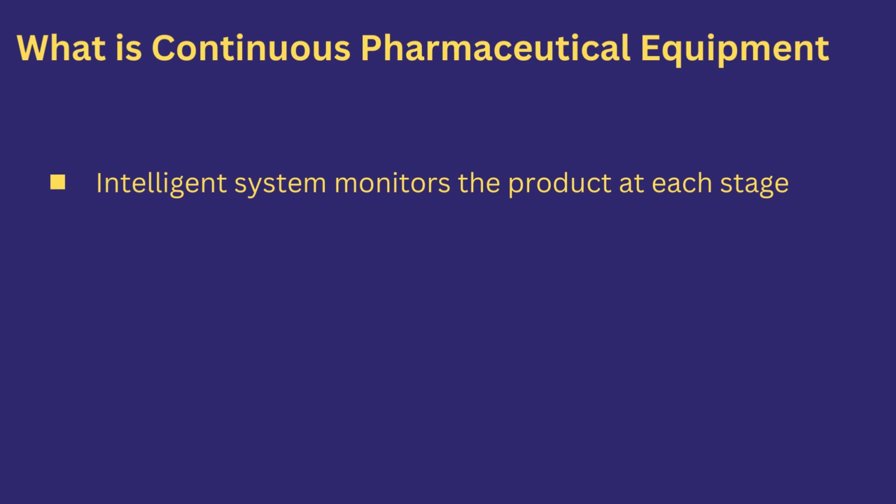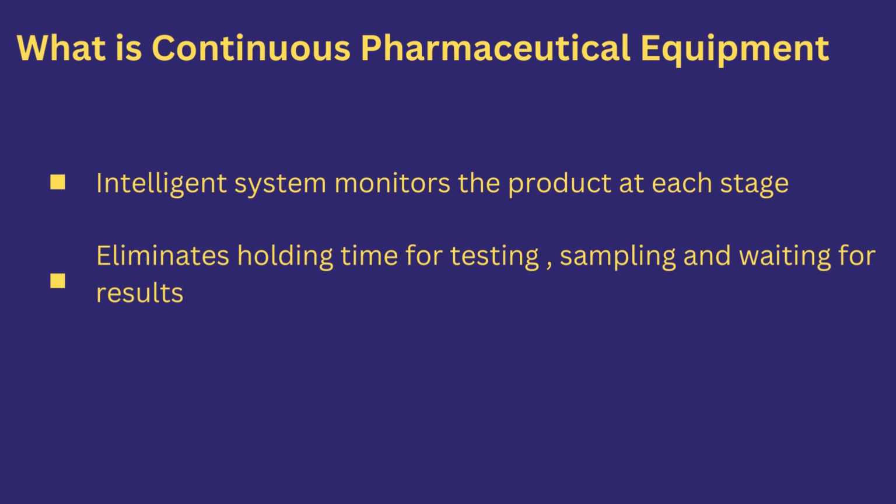Continuous pharmaceutical equipment has built-in features for monitoring the product at different stages for quality improvement and product safety. The intelligent system monitors the product at each stage without taking the sample out of the equipment. It eliminates holding time for testing, sampling, and waiting for the results.